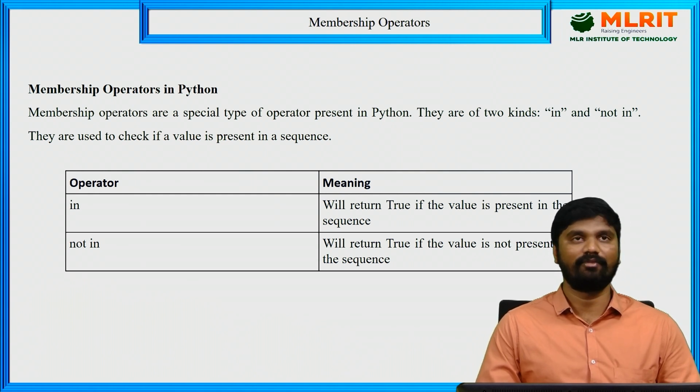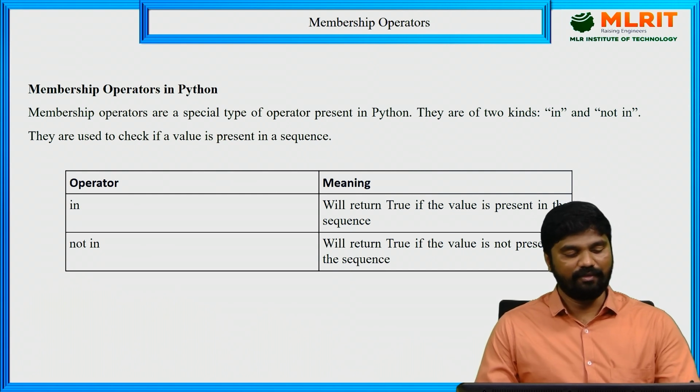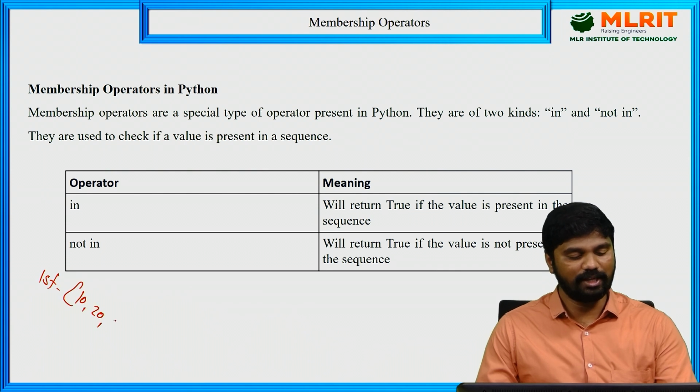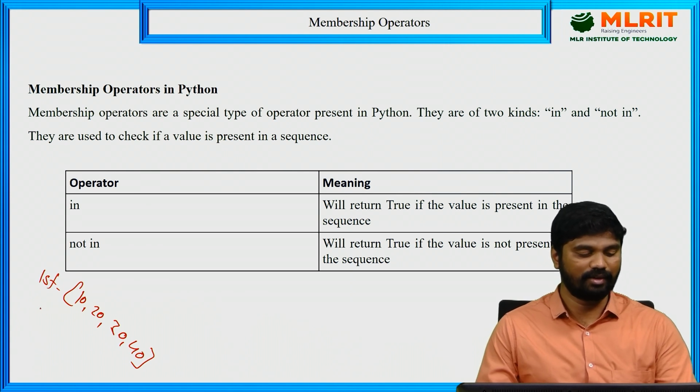Now see, what is the purpose of the membership operator? It is used to check whether a value is present in a sequence or not. The sequence may be a list, a tuple, or a set. For example, consider a list 10, 20, 30, 40. Now 10 in list.